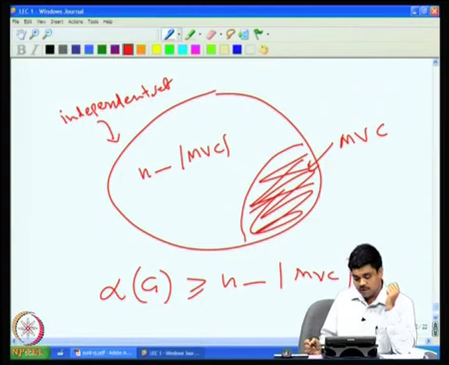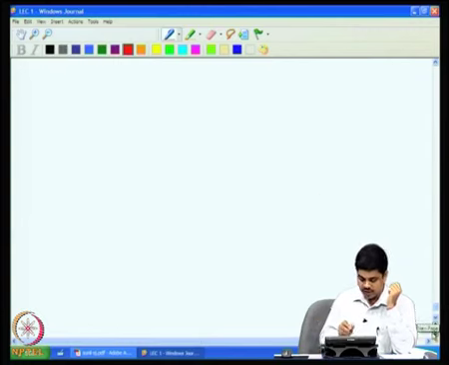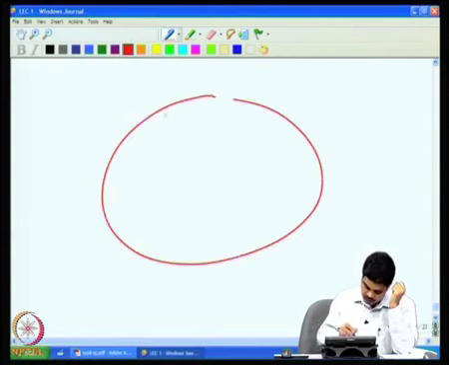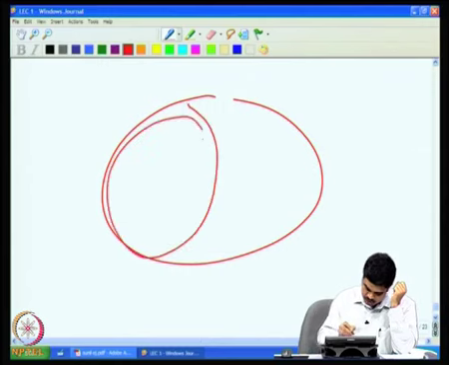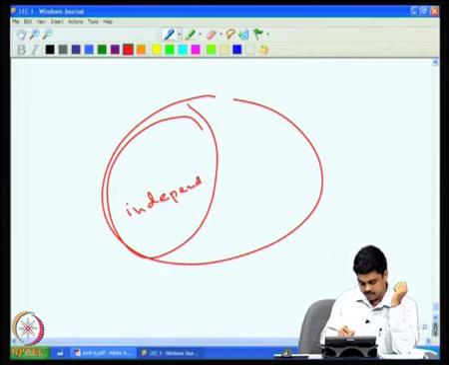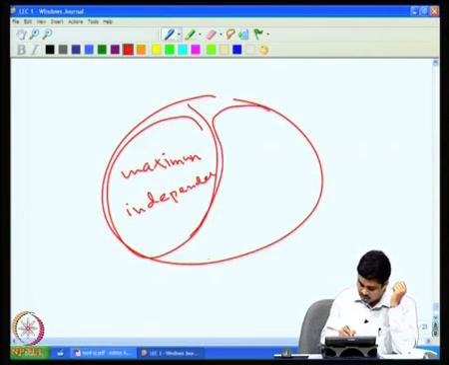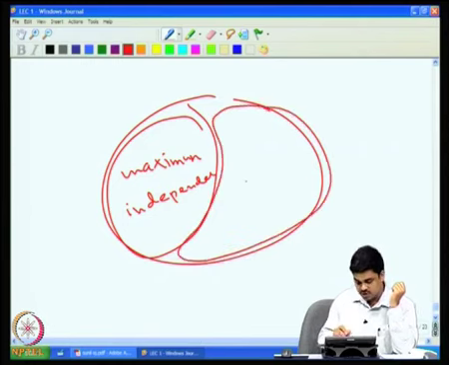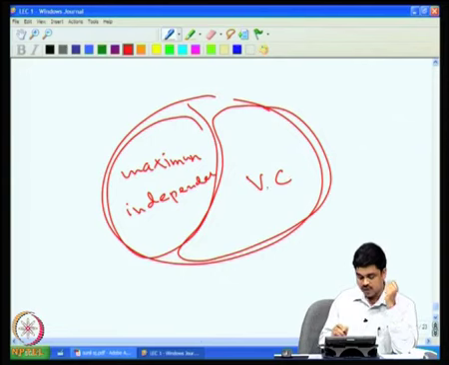Similarly, what will happen if I remove an independent set? Suppose this is an independent set. Let us take the biggest, maximum independent set, and remove it. Clearly what remains here is going to be a vertex cover. Why?